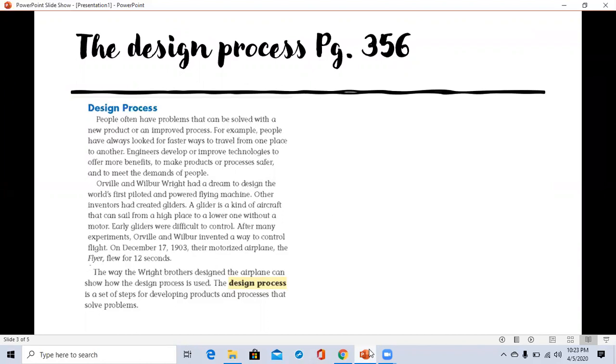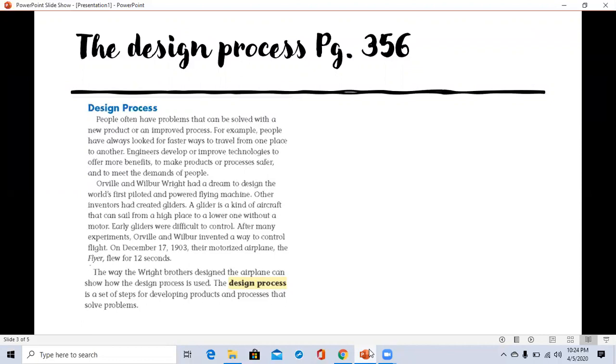Orville and Wilbur Wright had a dream to design the world's first piloted and powered flying machine. Other inventors had created gliders. A glider is a kind of aircraft that can sail from a high place to a lower one without a motor. Earlier gliders were difficult to control. After many experiments, the Wright brothers invented a way to control flight.